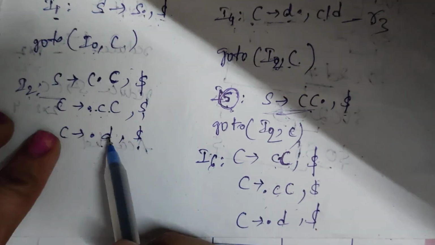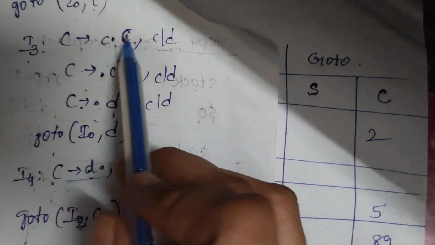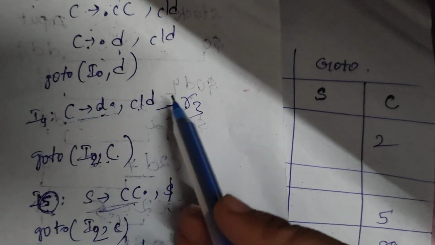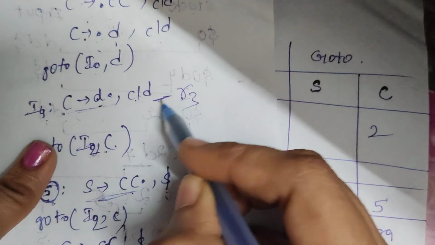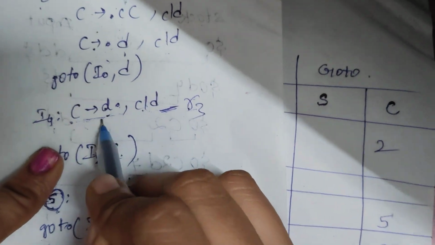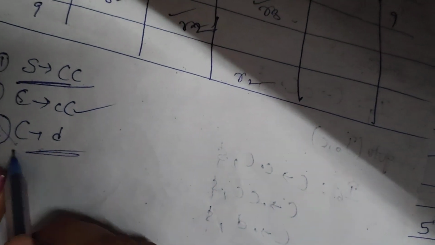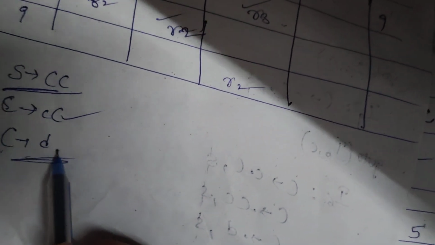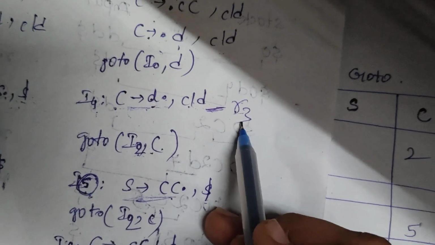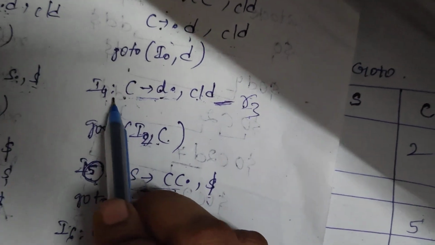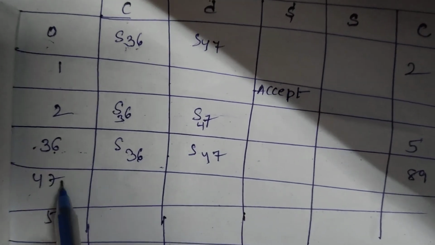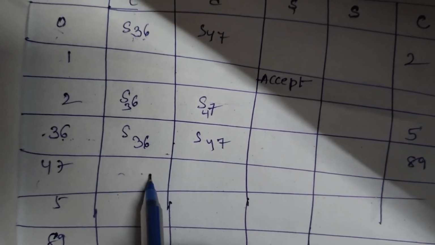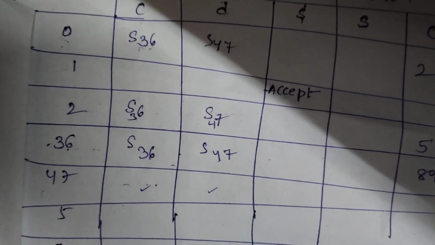Next, has the dot reached the end? No. Dot reached the end? Yes, in this one, which is the third production, so we get R3. Now in the fourth, in the place of C and D, you need to write R3.